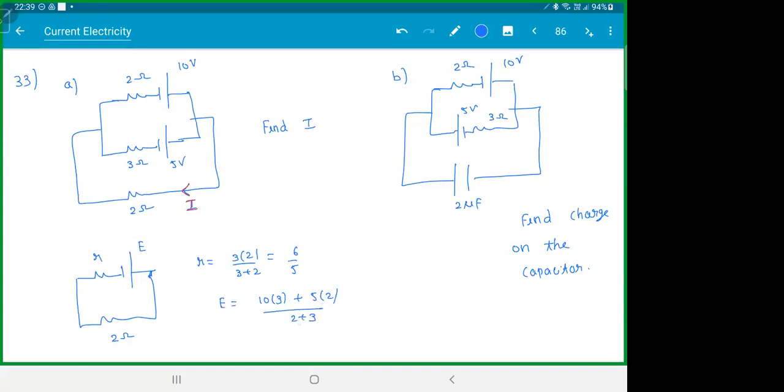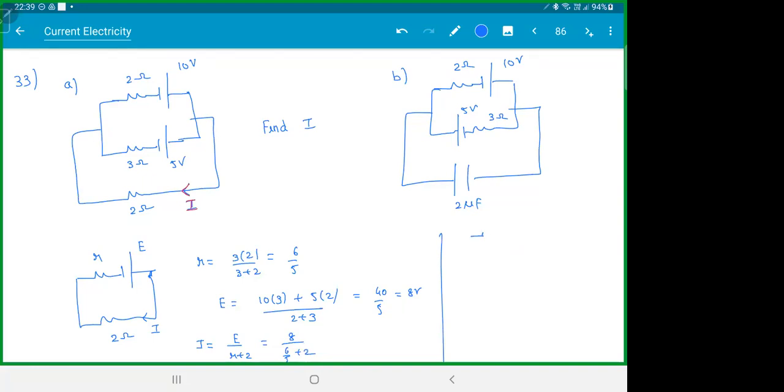That would be 30 plus 10, 40 by 5, that is 8 volts. What is the current in the circuit? It will be E by R plus small r plus 2. That will be 8 by (6 by 5 plus 2). Easy.